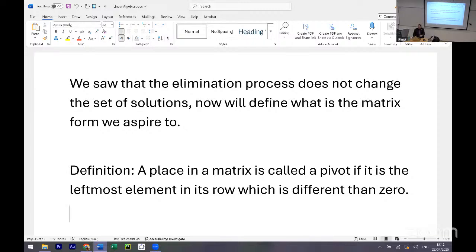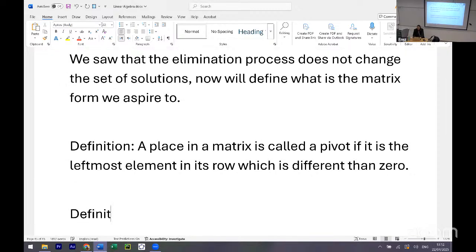Otherwise, there are pivots. And then definition, and I won't write it in the notes, but just to say what is so special about the pivots. Think of them now as coefficients of variables. If the coefficient of a variable is 0, then basically this variable does not appear in the equation.